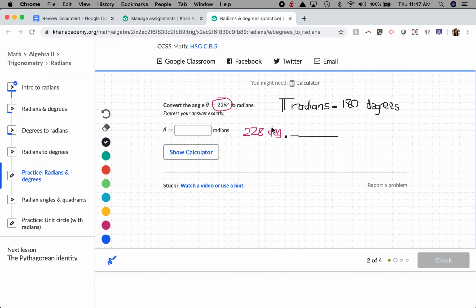And because I've got degrees here, I'm going to put degrees in my denominator because that is what I want to cancel out. I want radians to be left, so that'll be up top. Next is putting the correct quantity with the correct unit. So it's pi radians, and it's 180 degrees. So 180 down here.